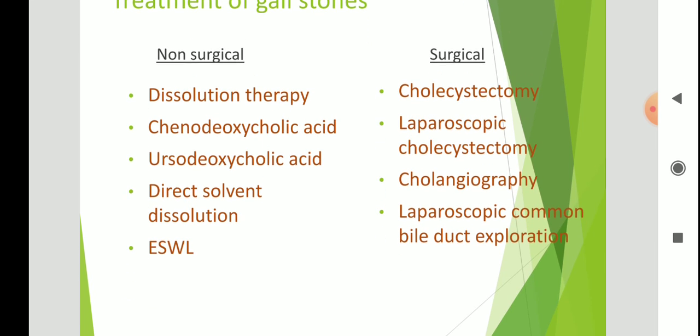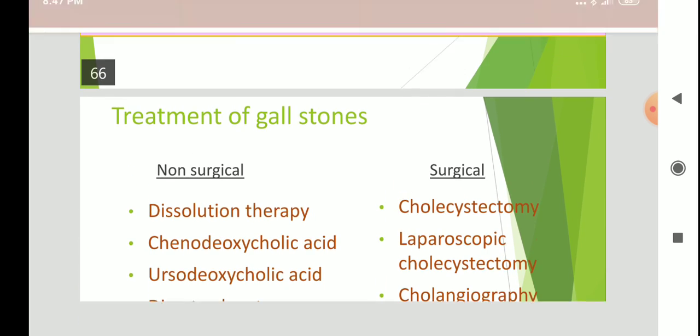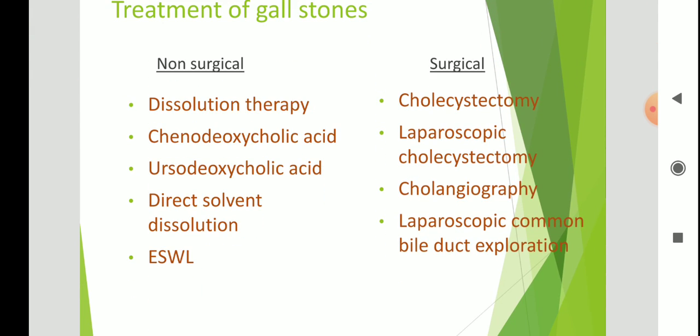Non-surgical: dissolution therapy, chenodeoxycholic acid and ursodeoxycholic acid, given as drugs to reduce stone size and avoid obstruction. Direct solvent dissolution. Surgical: cholecystectomy, laparoscopic cholecystectomy, cholangiography, laparoscopic common bile duct exploration.